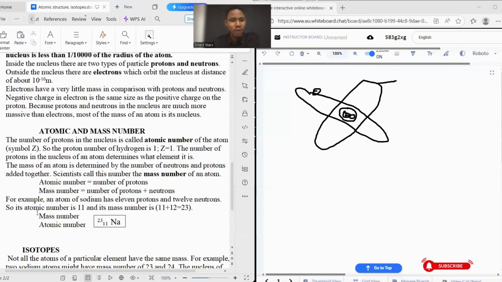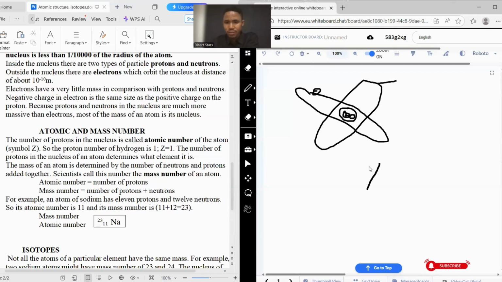For example, an atom of sodium has 11 protons, that means atomic number 11. With that, the mass number will be the proton and the neutron of that element. That gives what we call mass number. So this is how it's written. This is the atom itself.